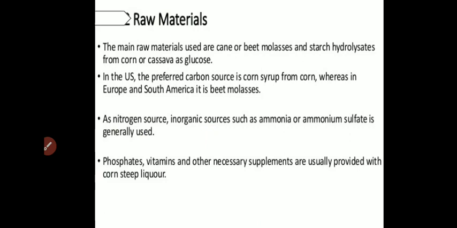So by using these different components like molasses, starch hydrolysate, ammonium sulfates, phosphate and vitamins, a proper medium is designed for the growth of the microorganism used for glutamic acid production.